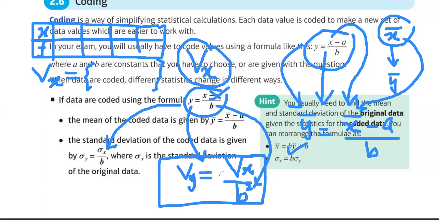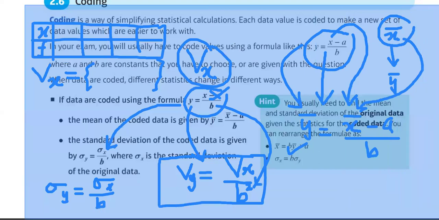Standard deviation is the same as variance. How? Sigma y, that means the standard deviation of y equals the standard deviation of x over a. Addition does not affect it, but multiplication or division directly affects it. That's the way.